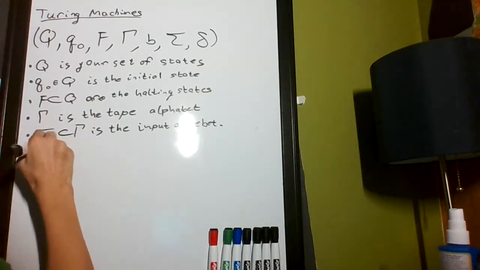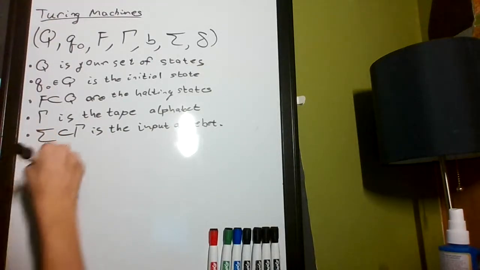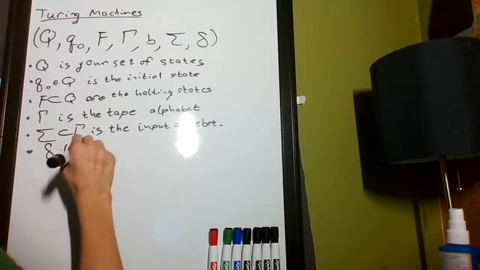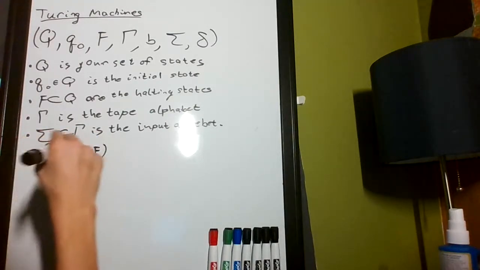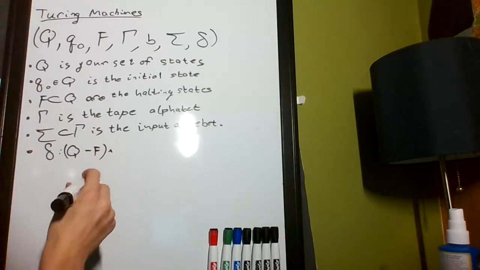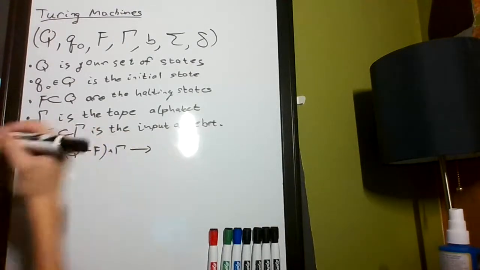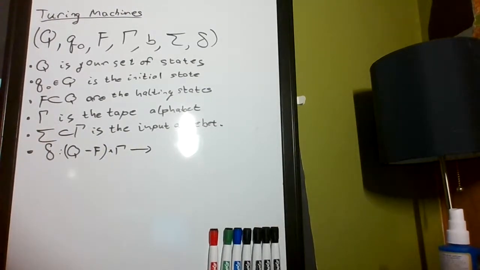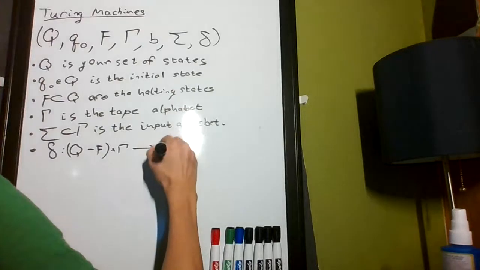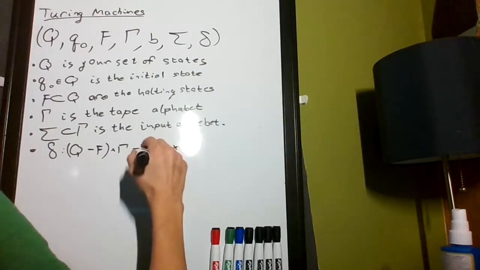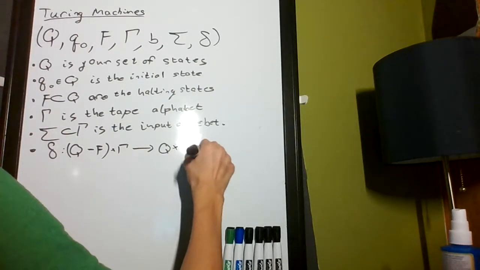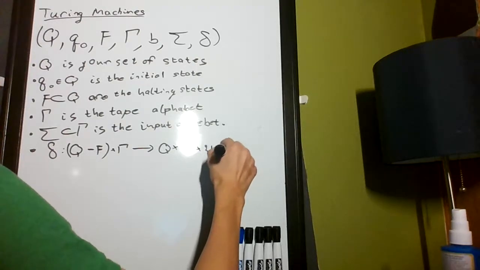And then delta is going to be a map that takes in a state that is not a halting state. And it's also going to take in a letter, and it's going to output a state, a letter, and whether to go left or right.